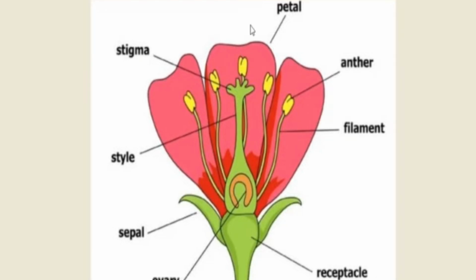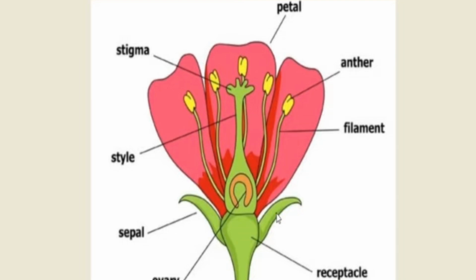Number 1, the sepals, the greenish portion, and then the petals. We are going to study these parts one by one. Number 1, calyx. Calyx means a collection of sepals, the outermost whorl of green sepals, whose main function is protection.